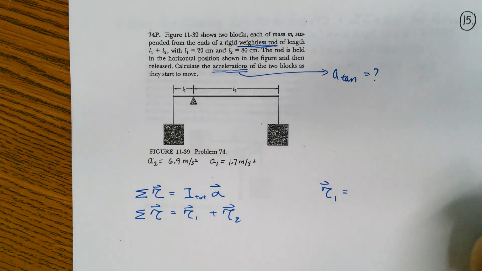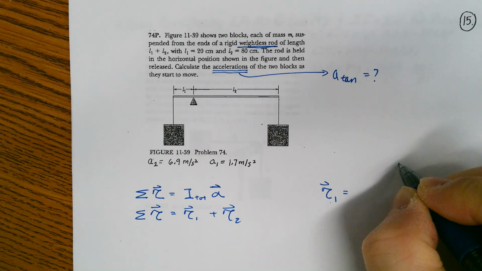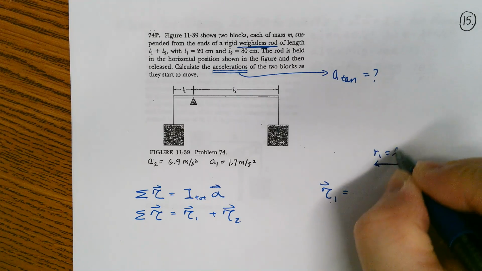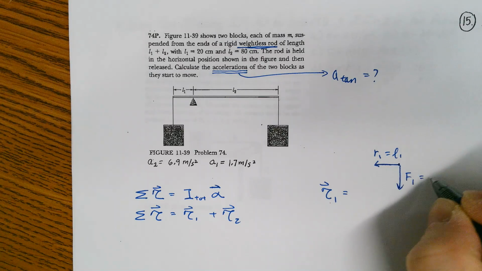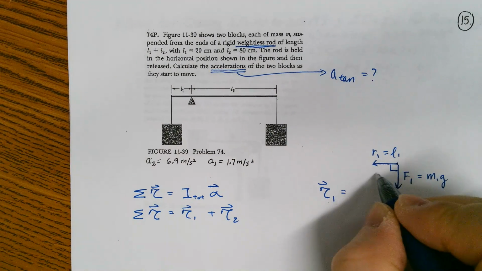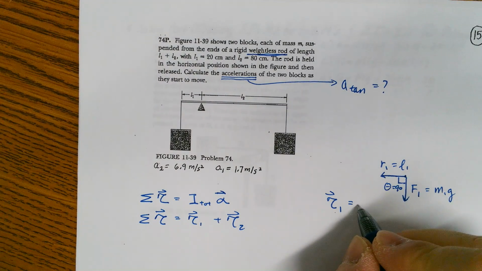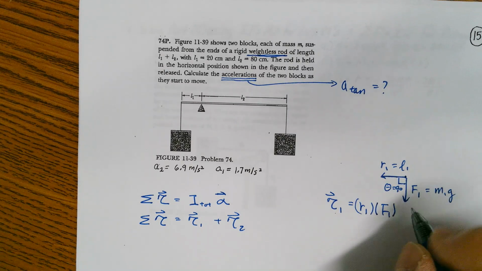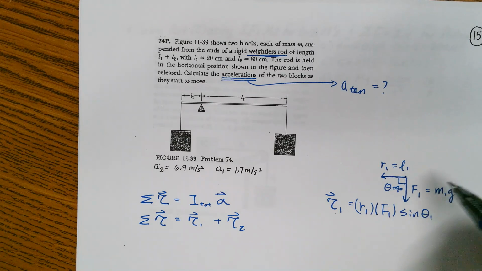Torque 1: it looks like the pivot point is here. Here's my R1, which is L1, and here's my F1, which is m1g. The angle between them is 90 degrees, so theta is 90. So torque 1 is equal to R1 times F1 times sine of theta 1. Now, what is the direction?